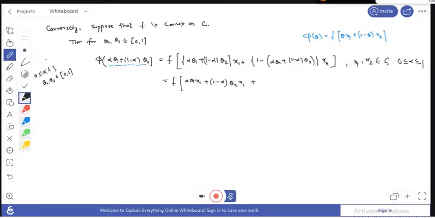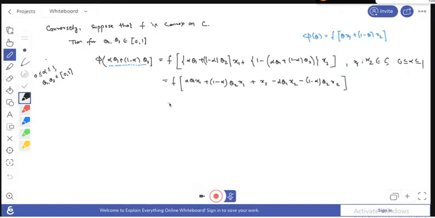Similarly, if we multiply here, this becomes x2 minus alpha theta 1 x2 minus (1 minus alpha) theta 2 x2. Okay, so we can write this.